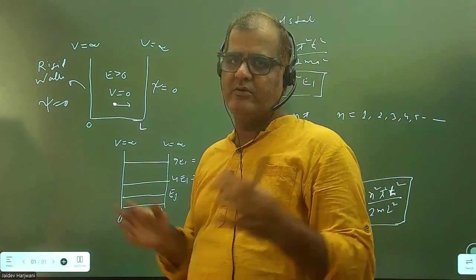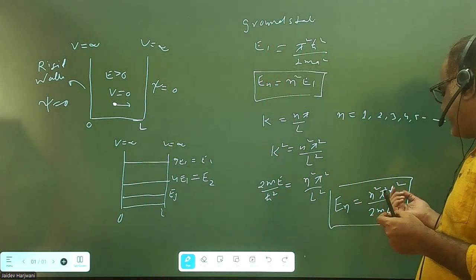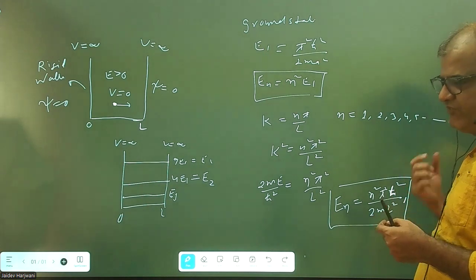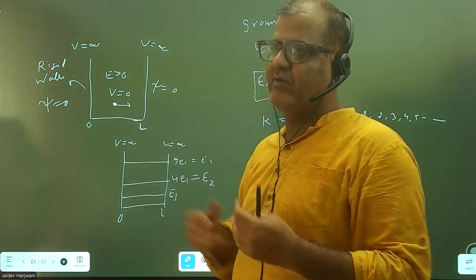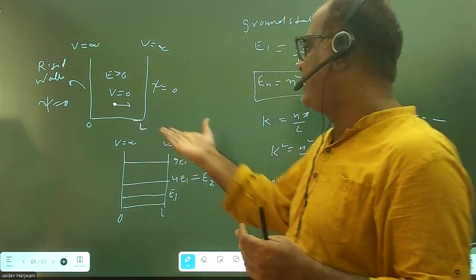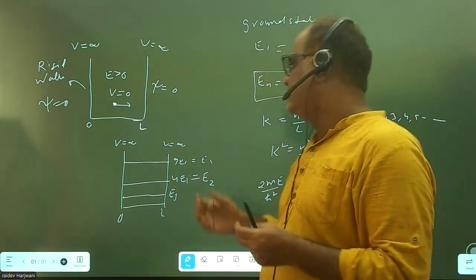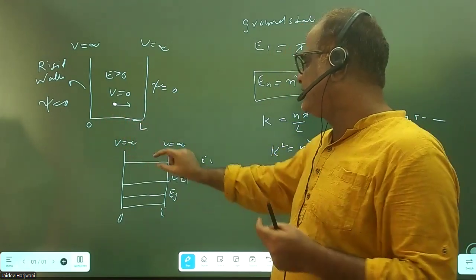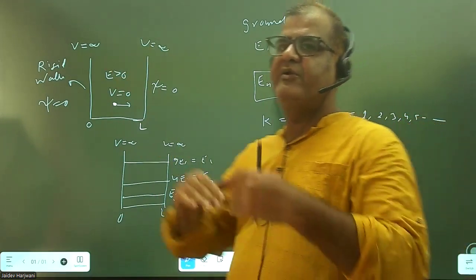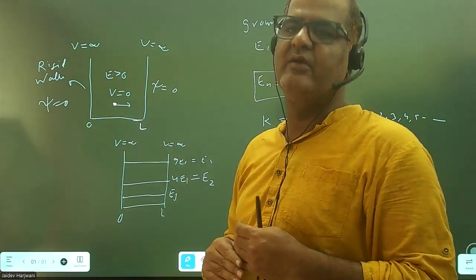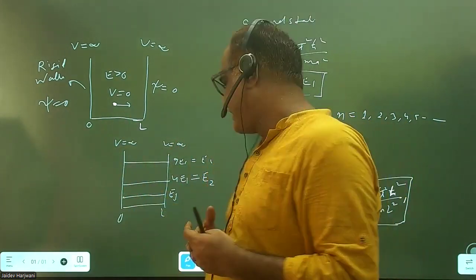If my L keeps on increasing, I'm taking the example of a quantum one-dimensional box where length may be in nanometers or angstroms. If this length is in meters, then the gap between these levels will decrease, and they will become like continuous levels, like you have in your classical box, like classical mechanics.